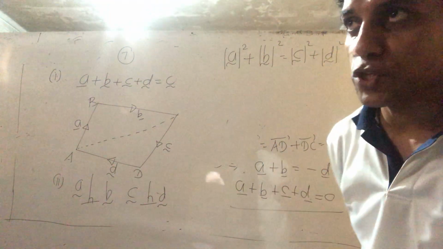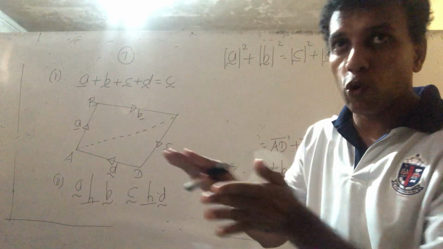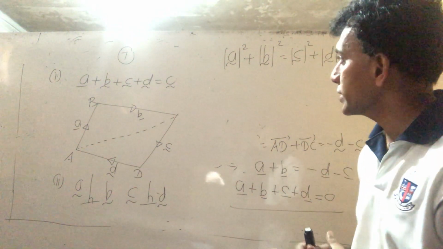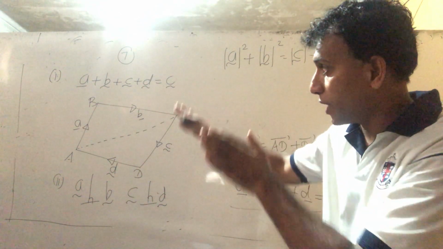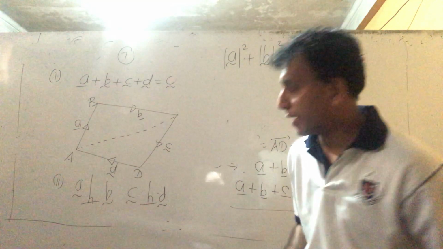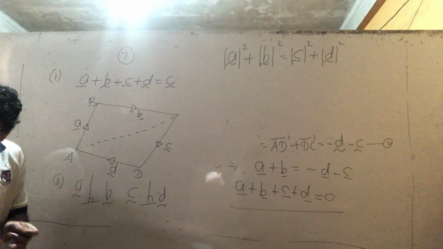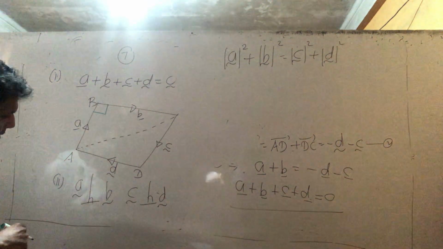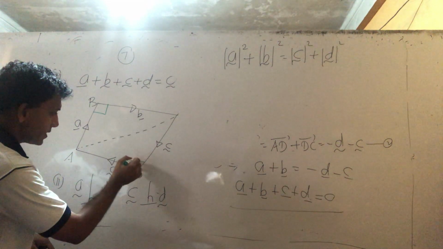It's a nice question. Follow that order, using the scalar product. By using the scalar product, you can connect it. So this part is over, okay? Additionally, vector A and vector B are at a right angle, 90 degrees, and vector C and vector D are also at 90 degrees.